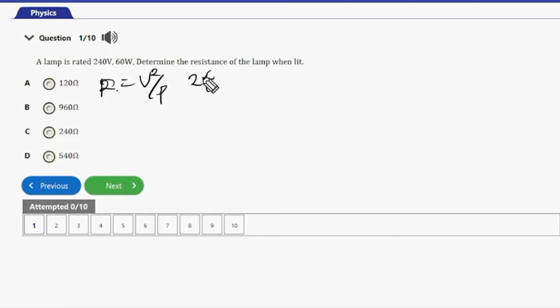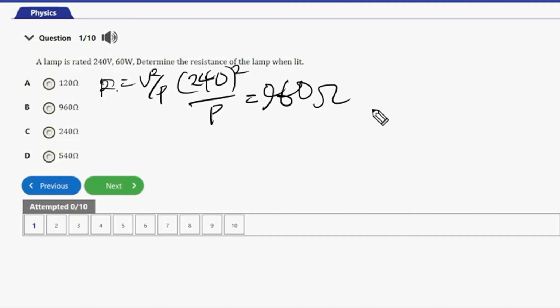When we square 240 here, we divide by the power, and guys, that will give us 960. So guys, the answer to this question is 960 ohms, and that's option B here. So option B is the answer to this question.